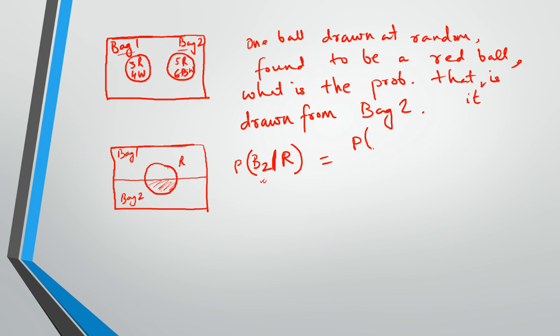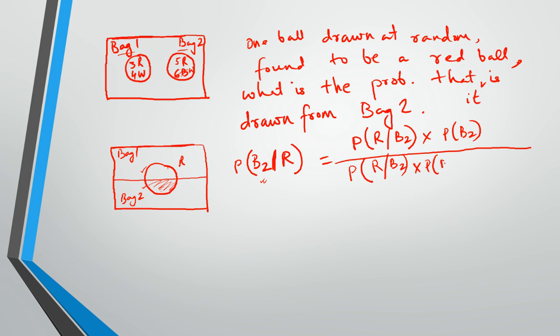We know both the terms: the probability of R given B2 times the probability of B2, divided by the total probability: P of R given B2 times P of B2, plus probability of R given B1 times P of B1.